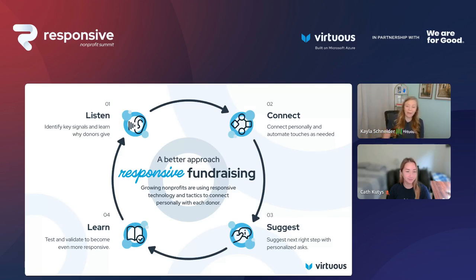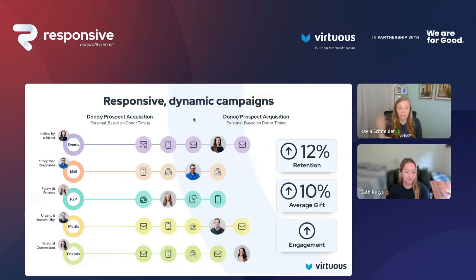And then we take all that information, we want to learn and understand what worked for our supporters, but also what's working and not working for us as a team. We continue to do that, and we continue that circle of responsiveness. And that allows us to do what we call dynamic campaigns, right? So allowing us to not have to do that one-to-many approach, but really having that personalized ask for each individual supporter and making sure it makes sense in their journey.